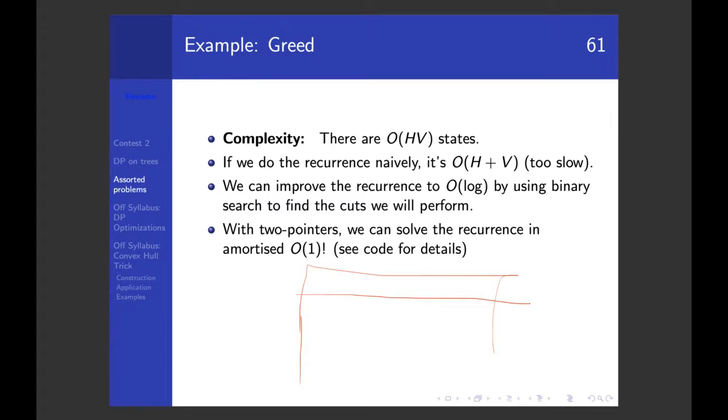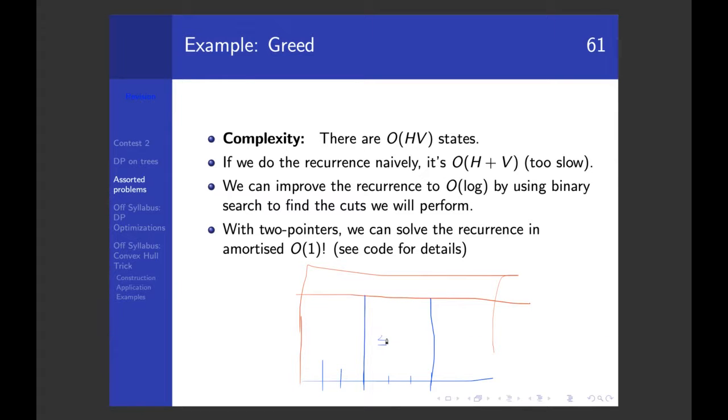Then let's say the allowed vertical cuts are like this. And for each allowed vertical cut, we're considering this state here. And we want to find what is the furthest away vertical cut that produces an area at most m.